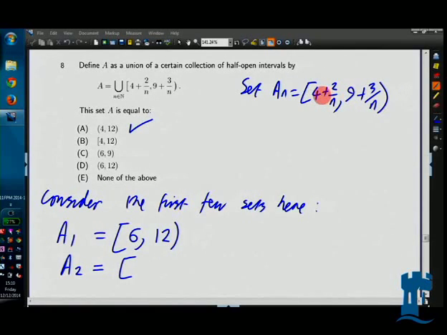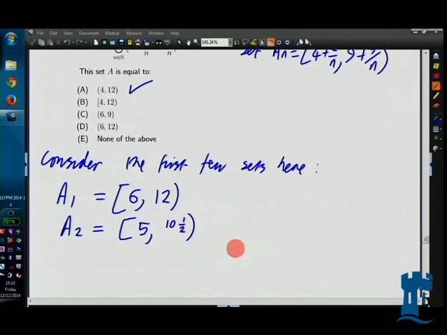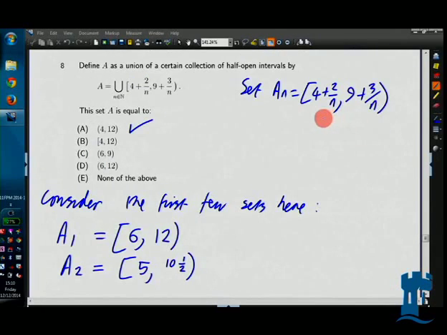That means you're going from 5 up to 9 plus 3 over 2, so that's 5 up to 10.5. A3, so that's 4 plus 2/3 going up to 9 plus 1, so that's 4 2/3 going up to 10.